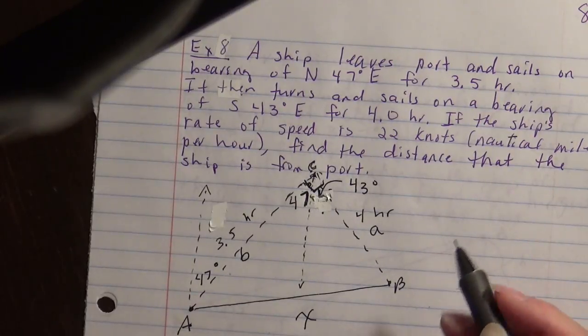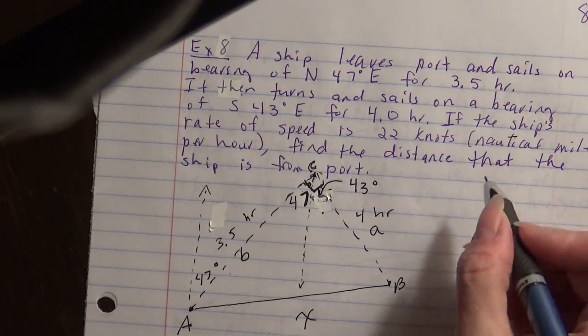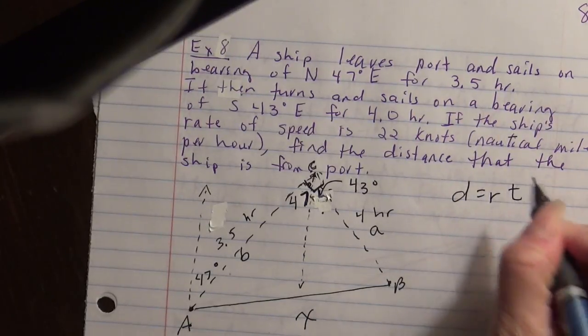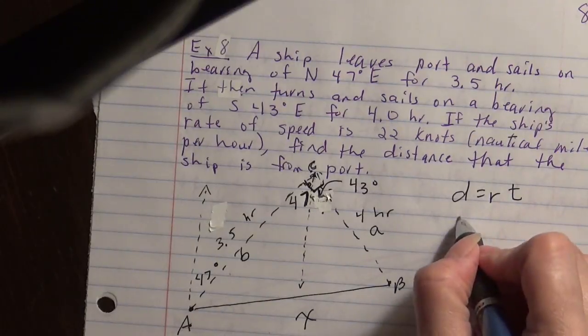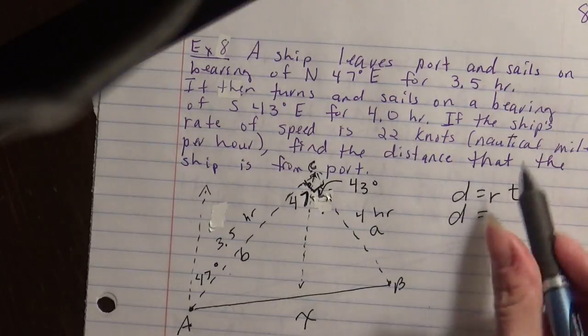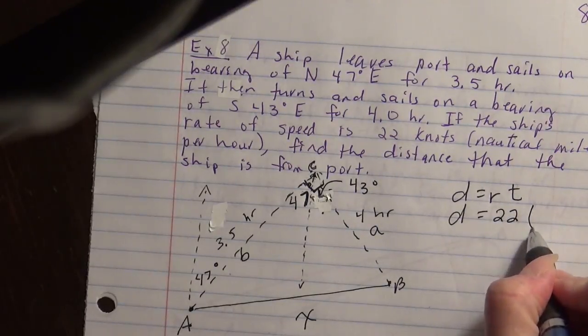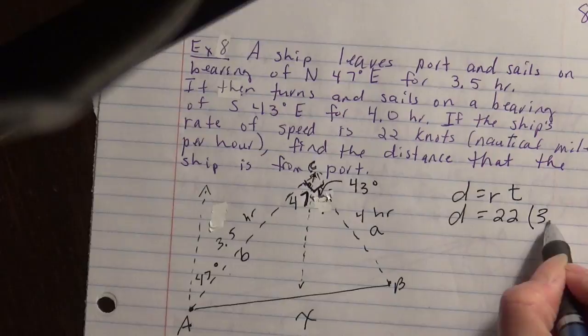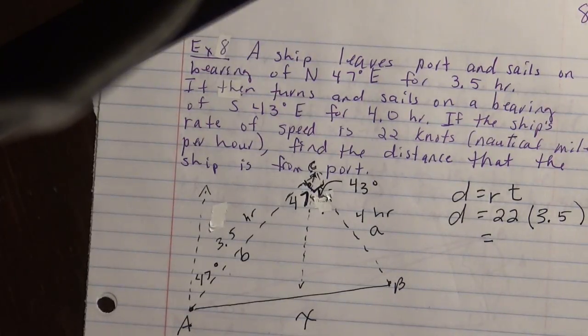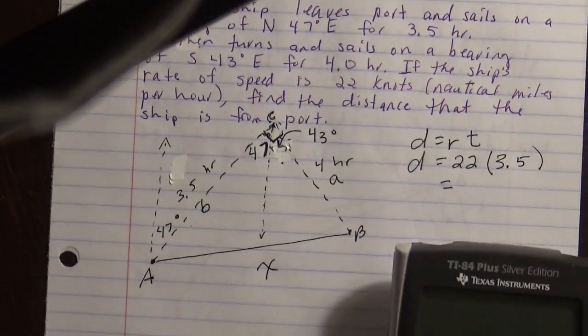Can we find the distance from point A to point C? Well, yeah, we can, because we have the distance formula. Remember, your distance formula states that distance equals rate times time. So our distance is going to be equal to the rate, which they told us was the 22 knots, times the time, 3.5 hours. Multiplying this, 22 times 3.5, what does that give us?